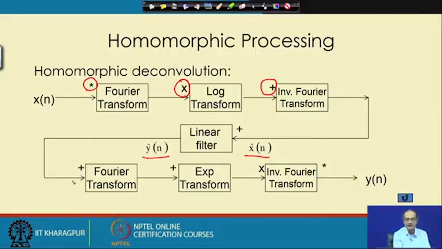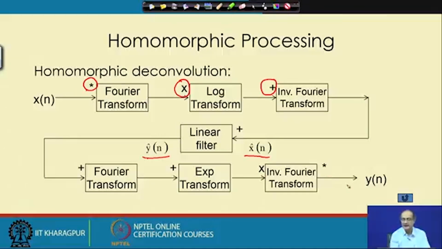We started with that addition initially before the Fourier transform. After the Fourier transform, because it is a linear operator, we had that addition operation. Now, after taking the complex exponential, it becomes multiplication, okay, and that multiplication after the inverse Fourier transform becomes convolution.